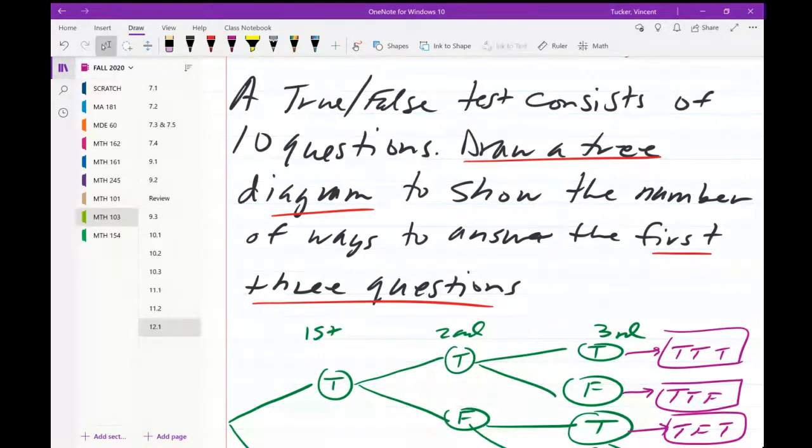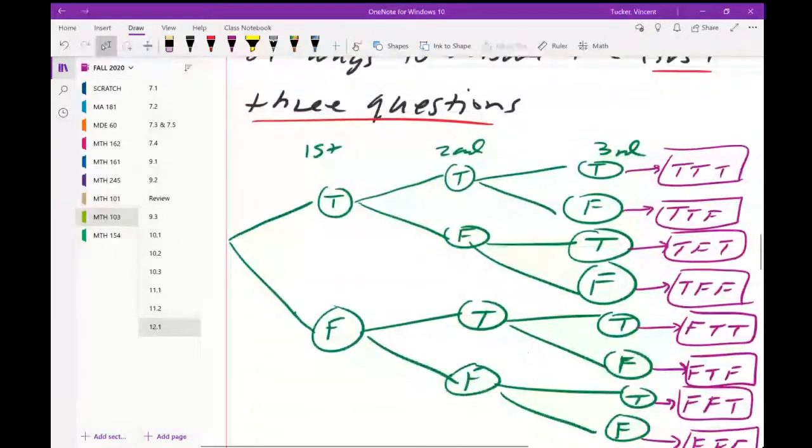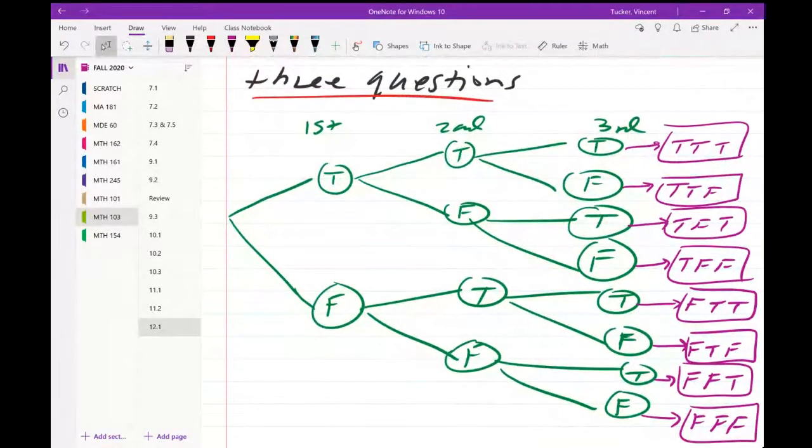All right, so creating this tree. You set up first question, second question, third question. For your first question, you have 2 options, of course, just true and false. If you decide to go true first, which is what I did here, then from there, second question, true and false options.